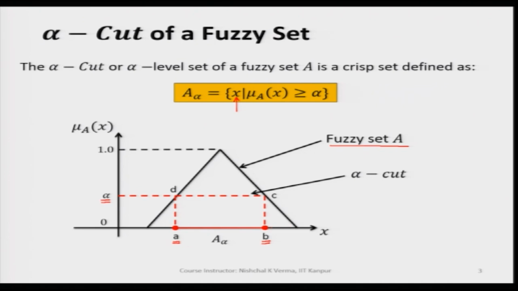So, in between and including A and B, we get all the values of the generic variable for which the corresponding membership values are either greater than alpha or equal to alpha.